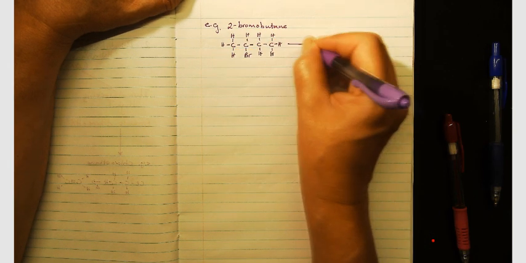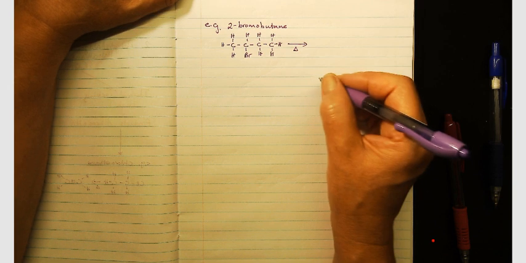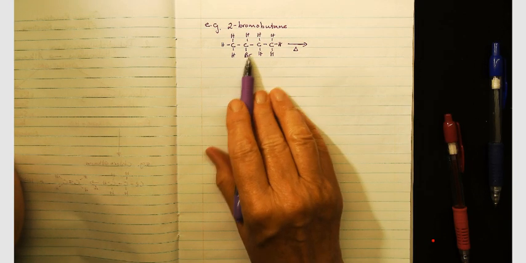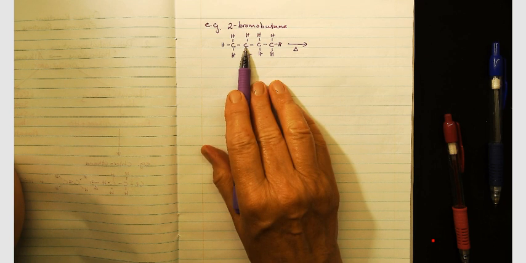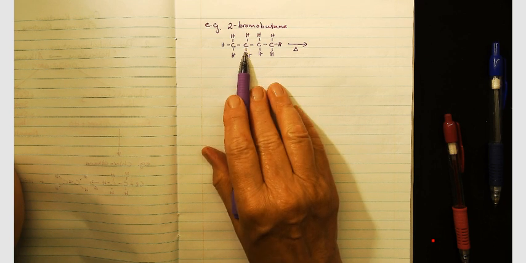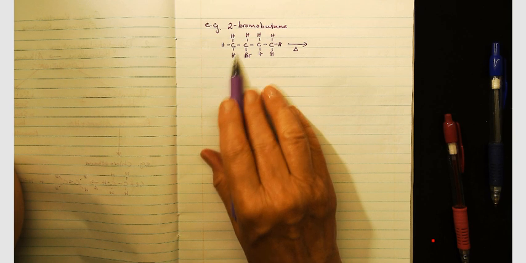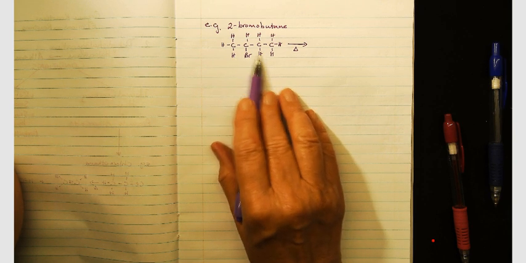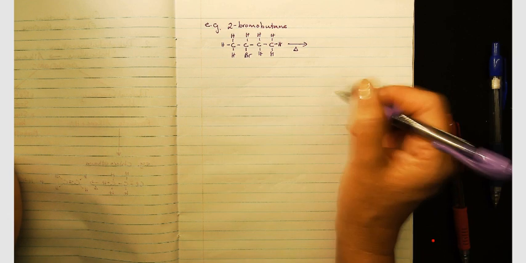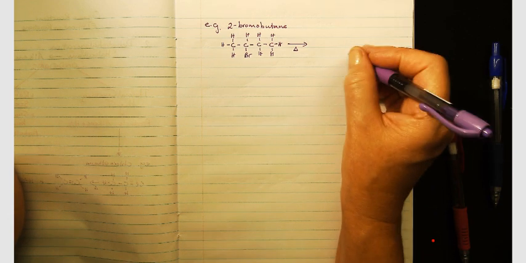So this is a haloalkane. Under thermal cracking conditions, the bromine is on the second carbon, so where will the hydrogen break off? Will it break off from the first carbon or from the third carbon?